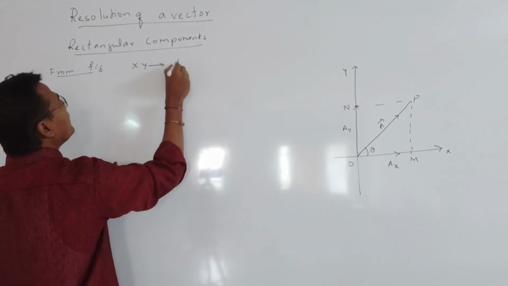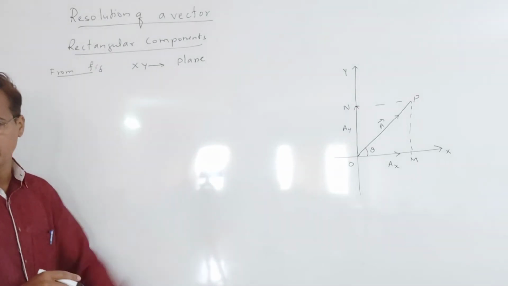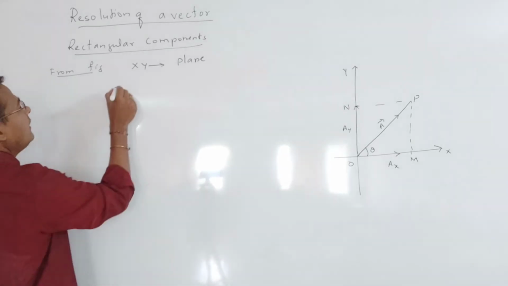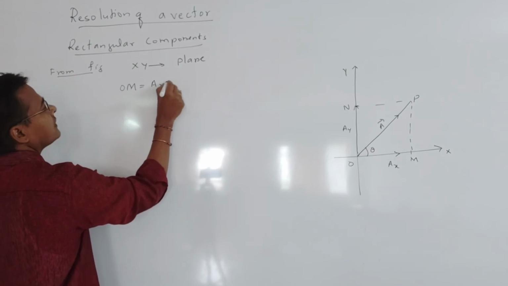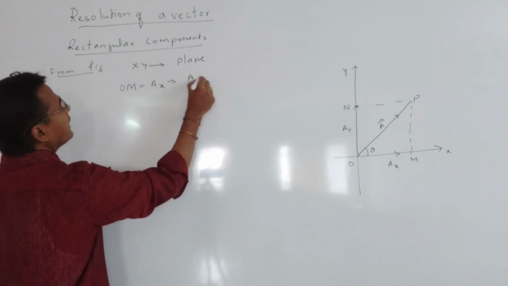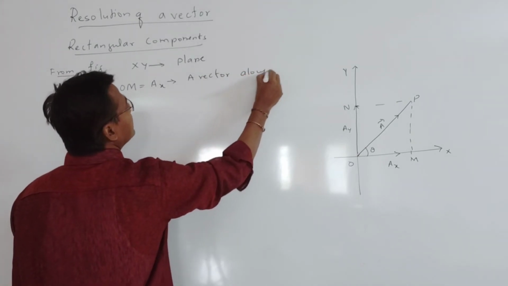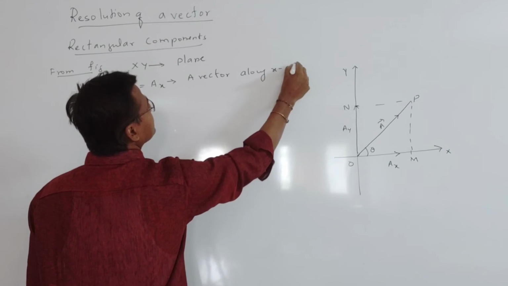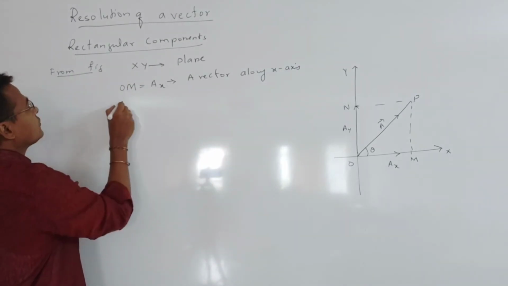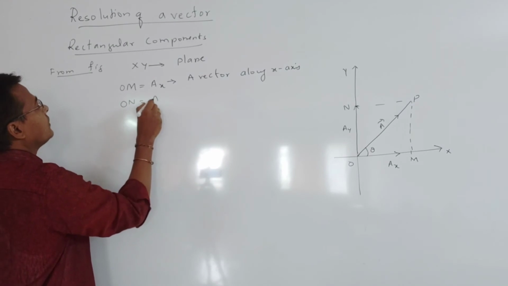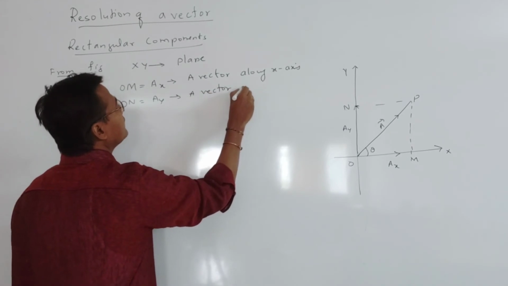xy is one plane. So this is the x and y, one plane. Then OM is the Ax vector, a vector along the x direction, the x axis like this. And then this is ON equal to AY, a vector along the y axis.